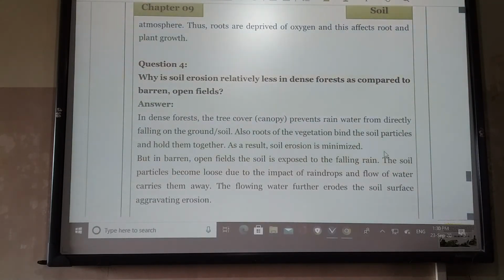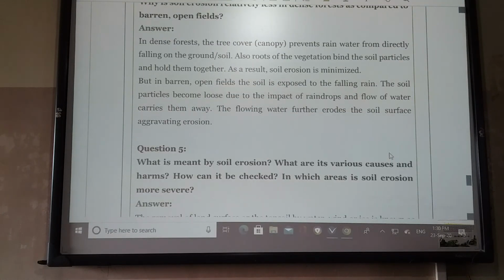The roots of the vegetation bind the soil particles and hold them together, so soil erosion is minimized. But in barren open land, the soil is exposed to the falling rain, the soil particles become loosened due to the impact of the rainwater, and the flow of water carries them away. The flowing water further erodes the soil surface, aggravating the erosion.